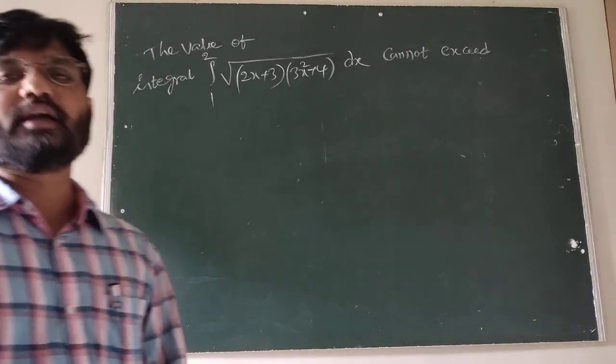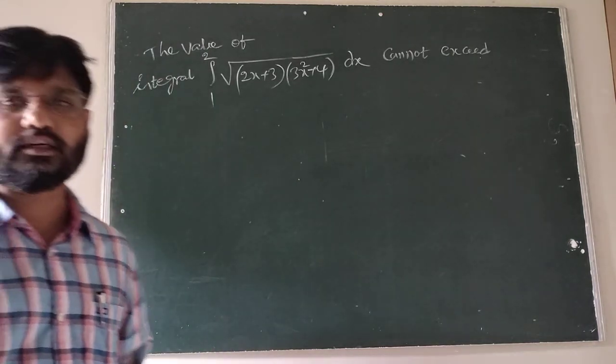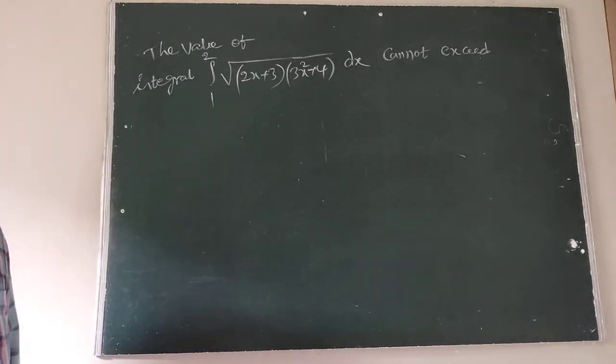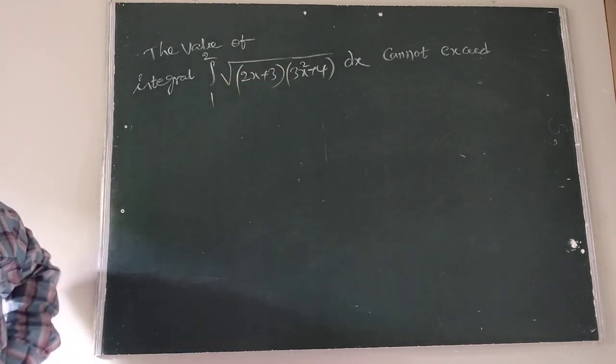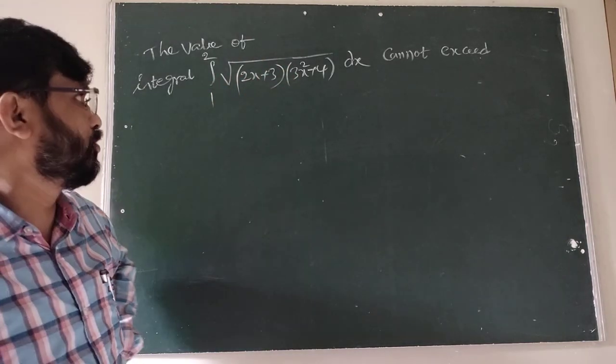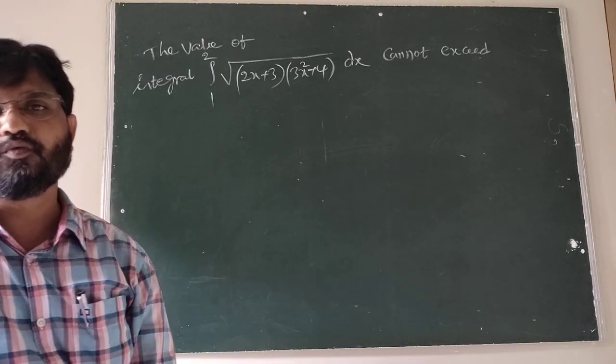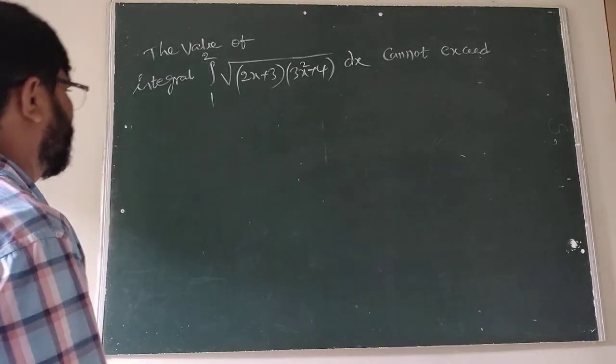When the minimum and maximum values are given, you can think of it that way. Here it is difficult to handle the under root part. In that case we apply the inequality rule.